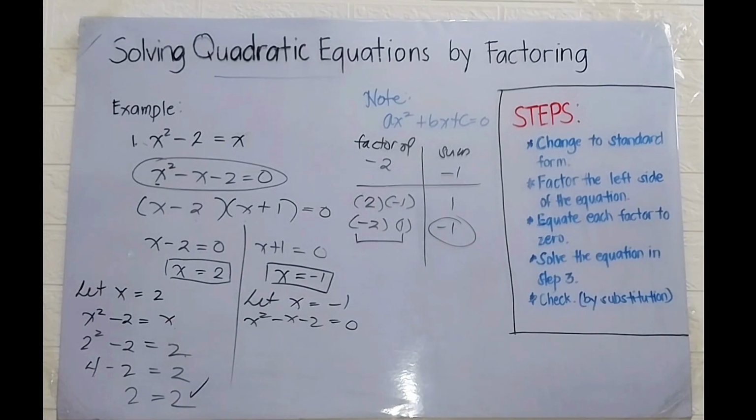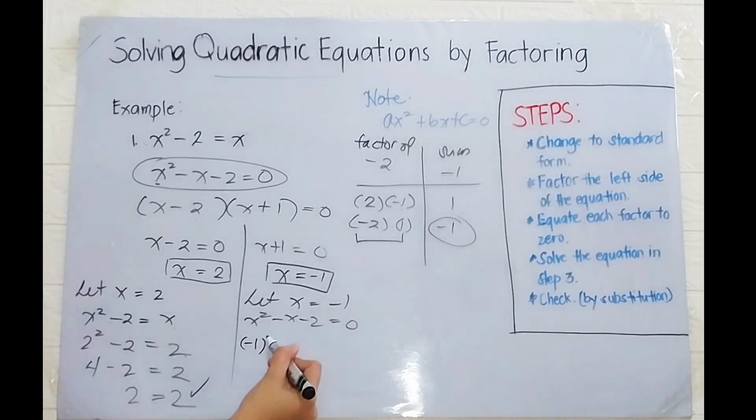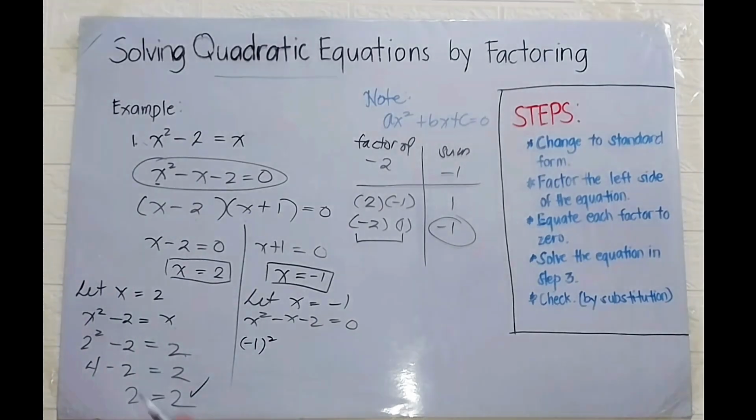Substitute the negative 1. This is the most crucial part. If our value of x is negative, normalize using parentheses in every substitution. So, x squared in here, even if we don't use parentheses, because positive 2 squared is still 4, with or without the parentheses. But in negative 1, we need to put parentheses so that the negative is also squared.